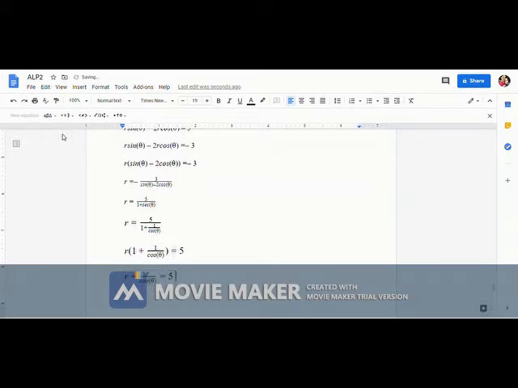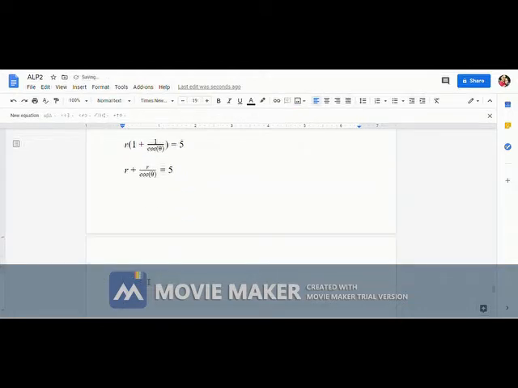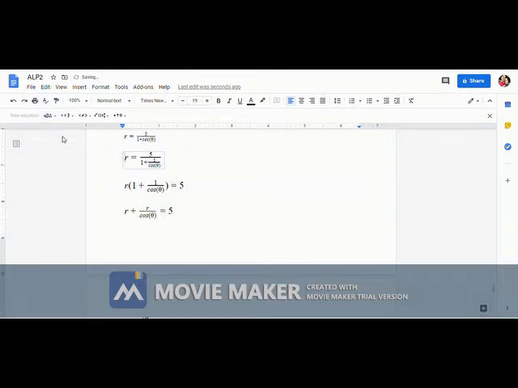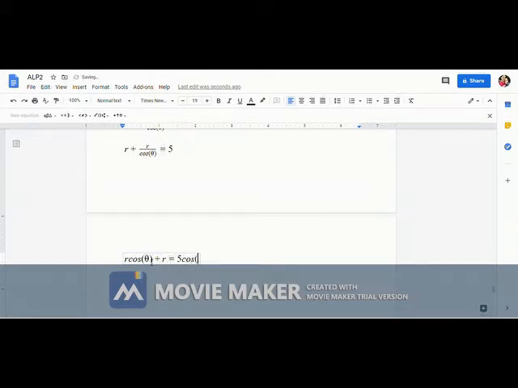Now we're going to multiply the entire equation by cosine theta. So we'll get r cosine theta plus r equals 5 cosine theta.